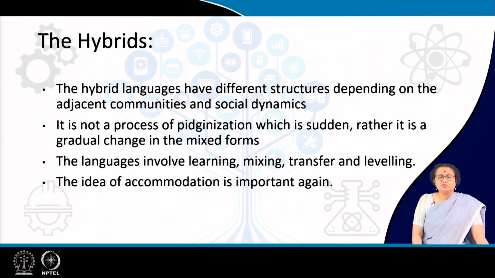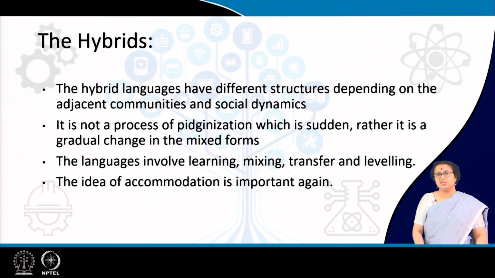And when we talk about the hybrid languages, we talk about several factors like learning. You know that certain languages are learnt by this time. We also consider mixing factors, transfer of features from one language to another, and also leveling. What is leveling?